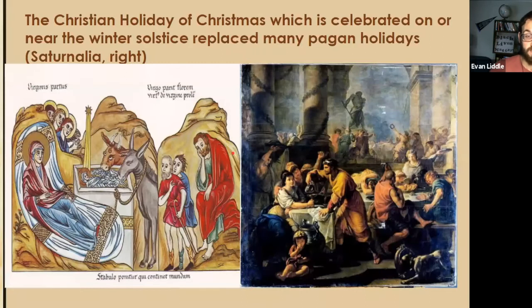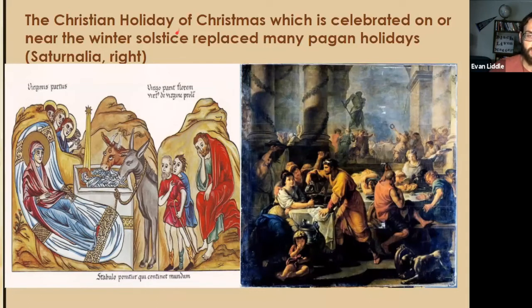Another really great example that may be more familiar to people in the United States, to Christians, would be the holiday of Christmas. It's not clear in any of the holy texts of Christianity when exactly Jesus of Nazareth was born. There's a lot of speculation. Some scholars think it might have been during the spring, some think the fall, but it's not really known.